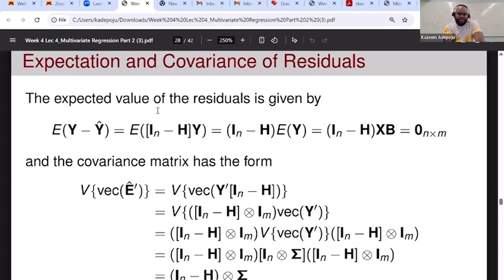And if I take the expectation of all of that, the expectation of y, and of course this term, I minus H, depends on the X variable, so it's a constant, so it's going to come out.